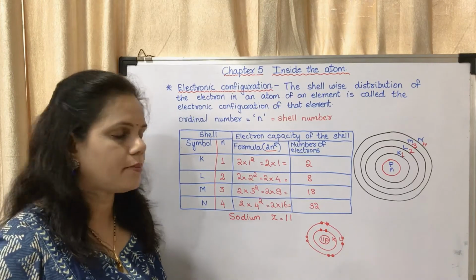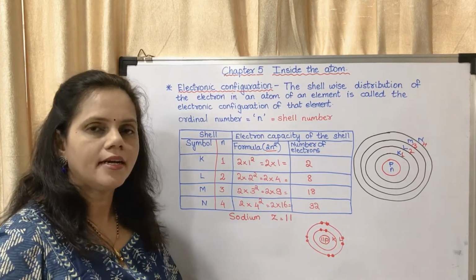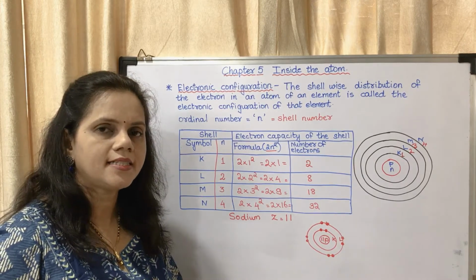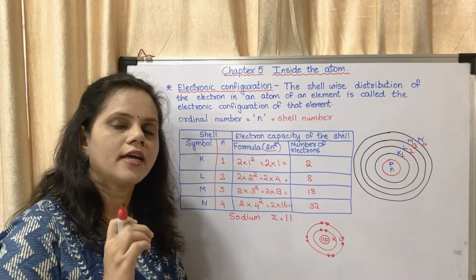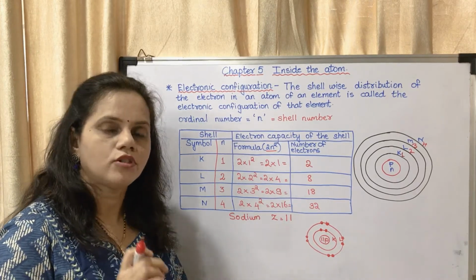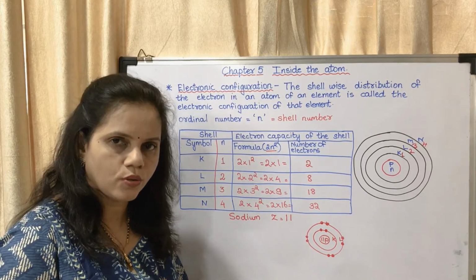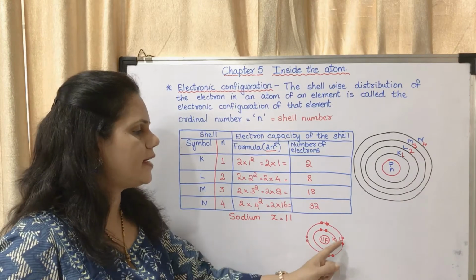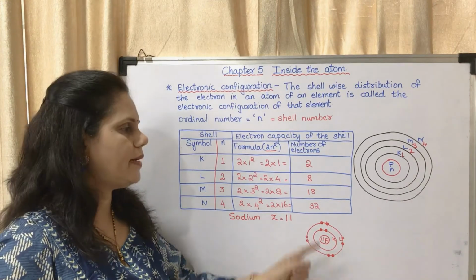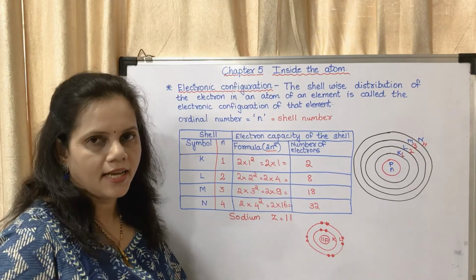Now how many are remaining? 2 in the K shell plus 8 in the L shell, so 2 plus 8 is 10. We have to show 11 electrons, out of which 10 we have shown. 1 is remaining. That 1 cannot be accommodated in the L shell because the maximum number of electrons which can be accommodated in the L shell is 8.